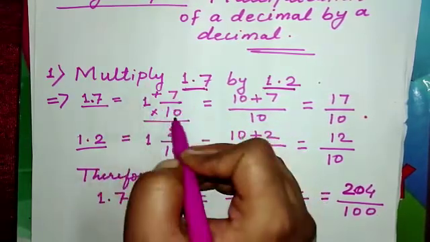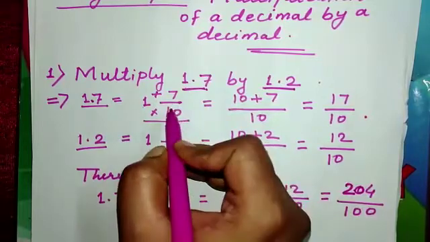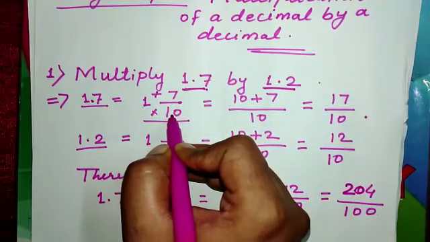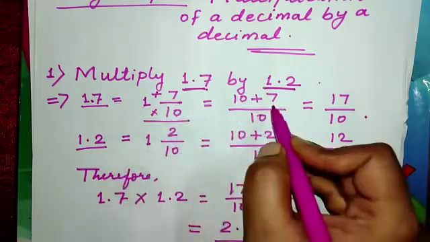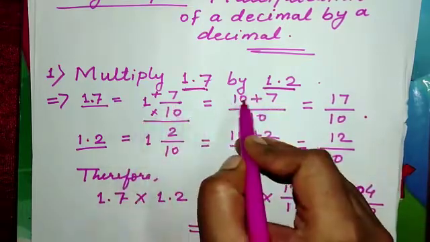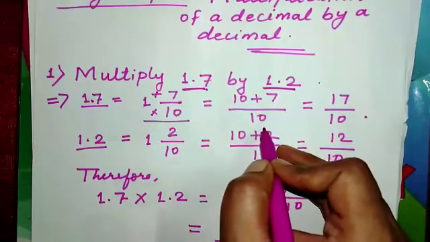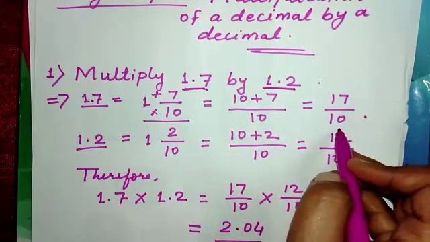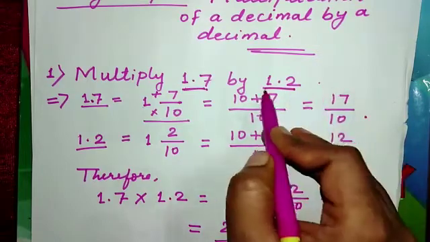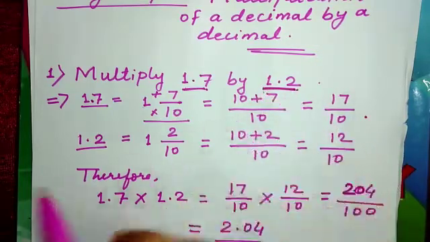Now we will solve. 10 into 1 plus 7 divided by 10. We will write 10 plus 7 divided by 10 and we will get 17 by 10.